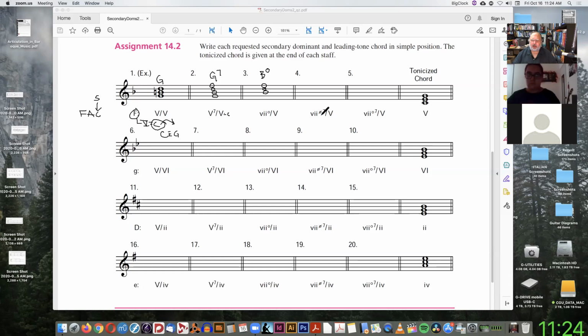Now we want a half diminished 7. So that would be a minor 7 flat 5. So it would be a B what? B, D, F, A. That's easy because in the key of C there's no sharps or flats, right? So that would be a B minor 7 flat 5, or a B half diminished 7, right?